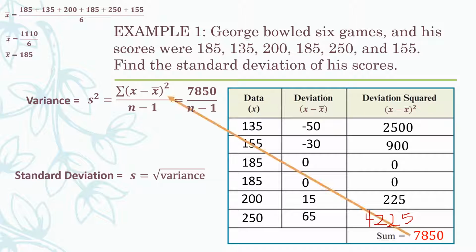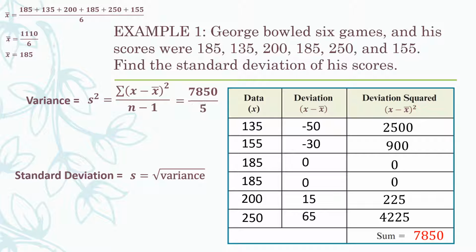So we need to plug in a 6 here for n. Oh, look, see, my 4225 just popped up. Let me erase that so it looks a little cleaner. Alright, so we're plugging in the 6. So 7850 divided by 6 minus 1.